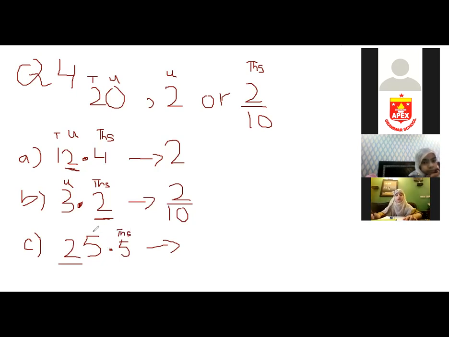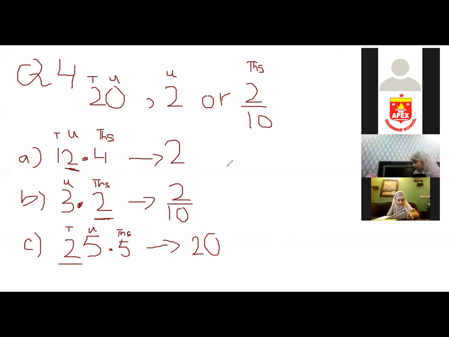Before the point, the first value is unit, then tens. This 2 is on tens place. So I am going to write it 20. So the answer is 20. Did you get the points?